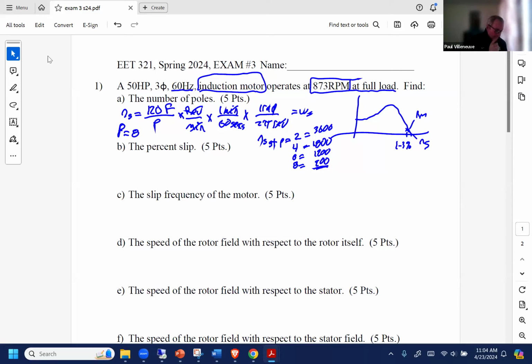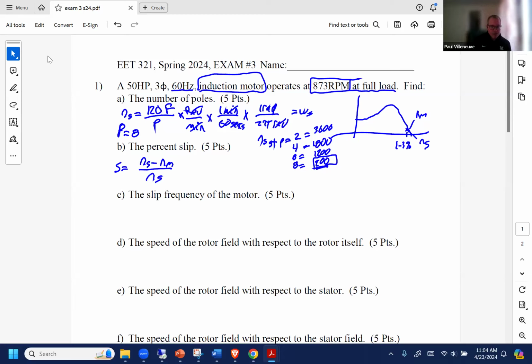Once you had the number of poles, you didn't really need it to calculate slip, but what you did need to know is that 900 RPM is what would be equivalent to the synchronous speed. So to calculate slip, you could have said slip is equal to the synchronous speed minus the mechanical speed, divided by the synchronous speed.